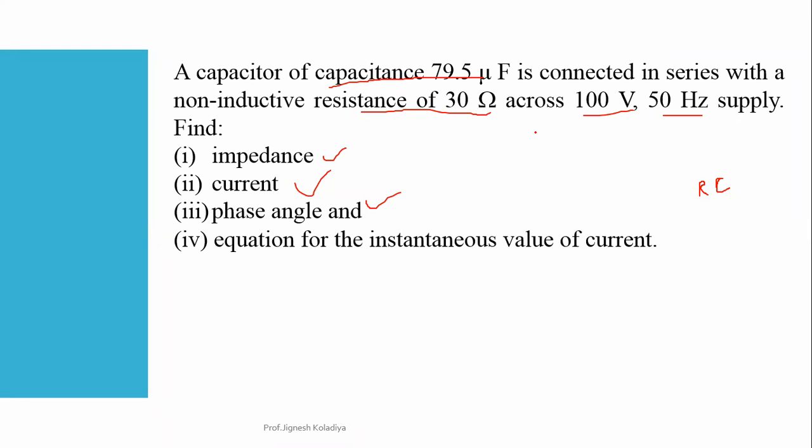So what can we find first? If I want to find the impedance Z, what is the equation for the series RC circuit? Square root of R square plus X square.